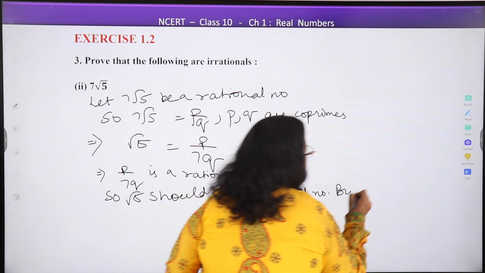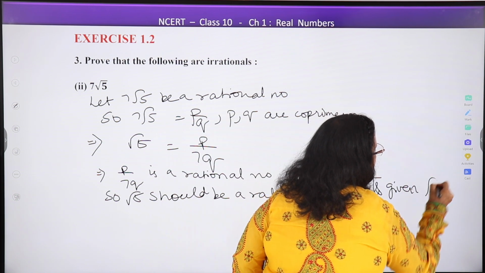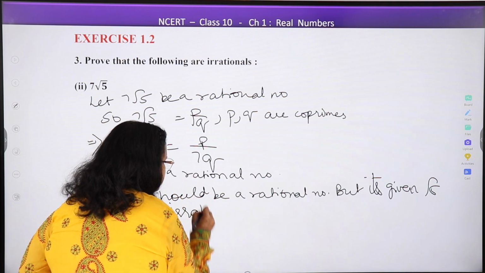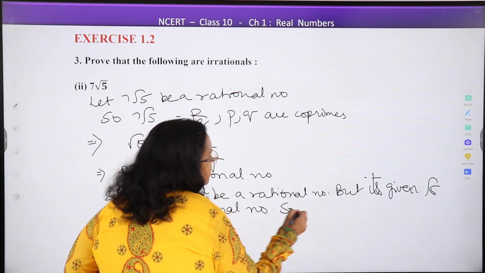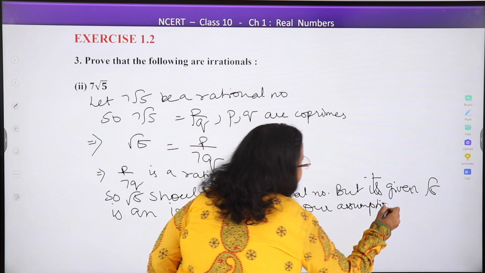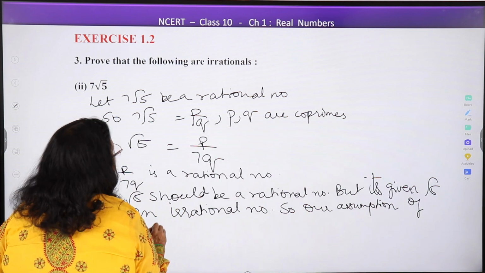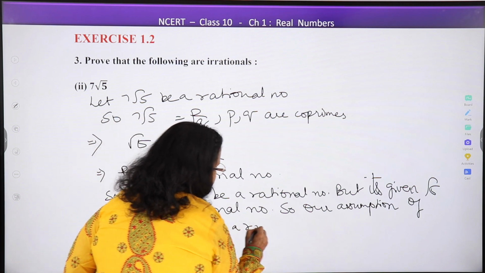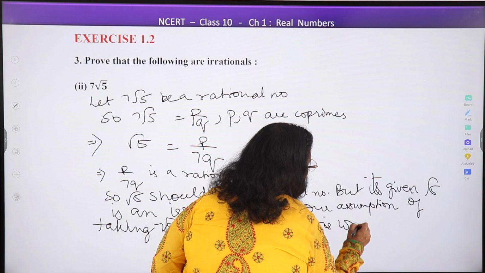But it's given root 5 is an irrational number. So our assumption of taking 7 root 5 to be a rational number is wrong.